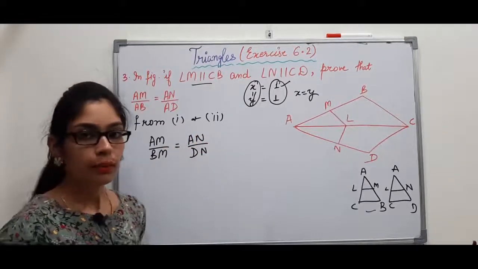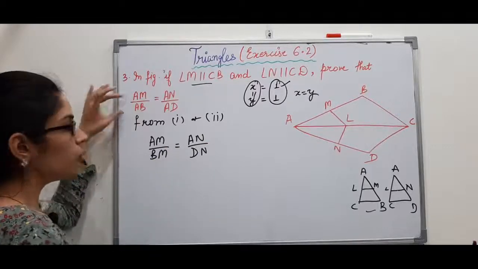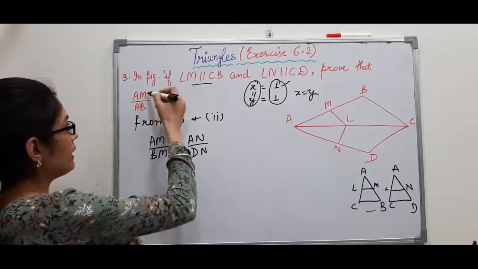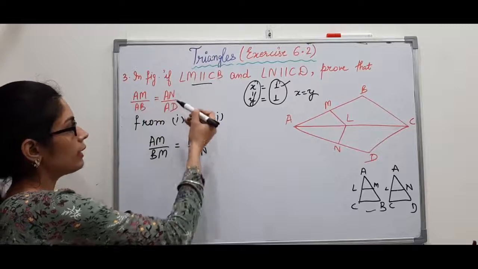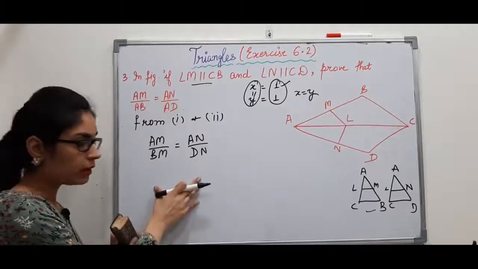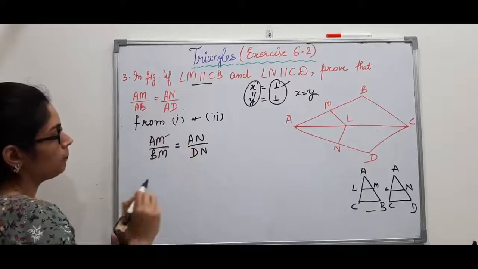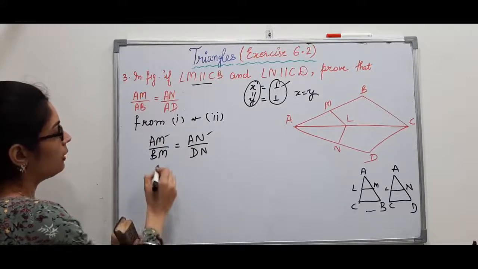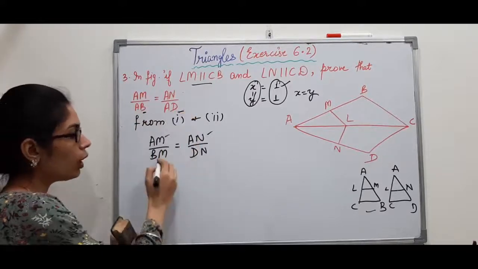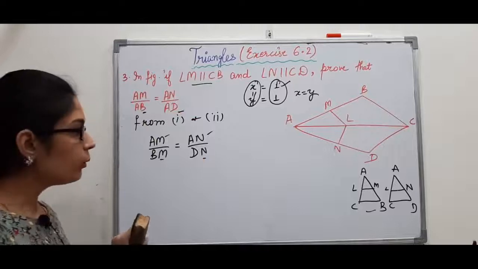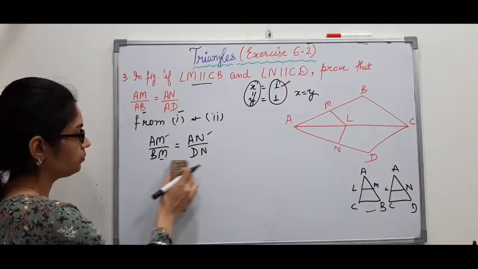You have to keep looking at what you need. We need AM upon AB is equal to AN upon AD. But in this term we have got AM and AN, but we need AB and AD, not BM and DN. So we will do another step.